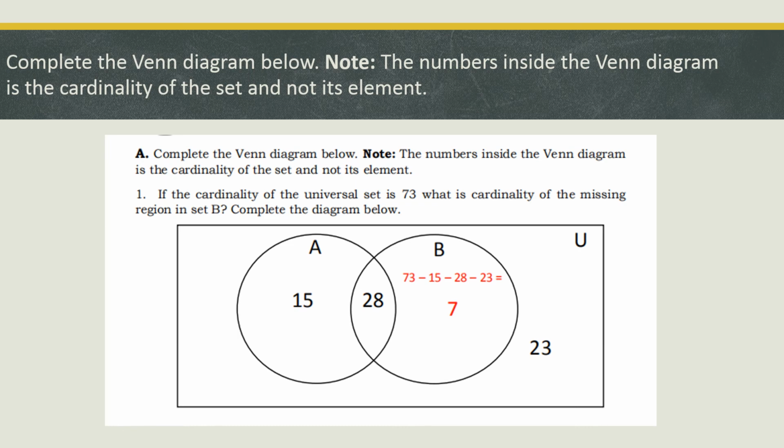So, if the cardinality of the universal set is 73, meaning ang total nga naa sa imong universal is 73, what is the cardinality of the missing region in set B? So, complete the diagram. Since 73 in total, gi-minus niya si 15, si 28, ug si 23. So, pag i-minus nimo na, that is equal to 7, then that's the cardinality of your B.